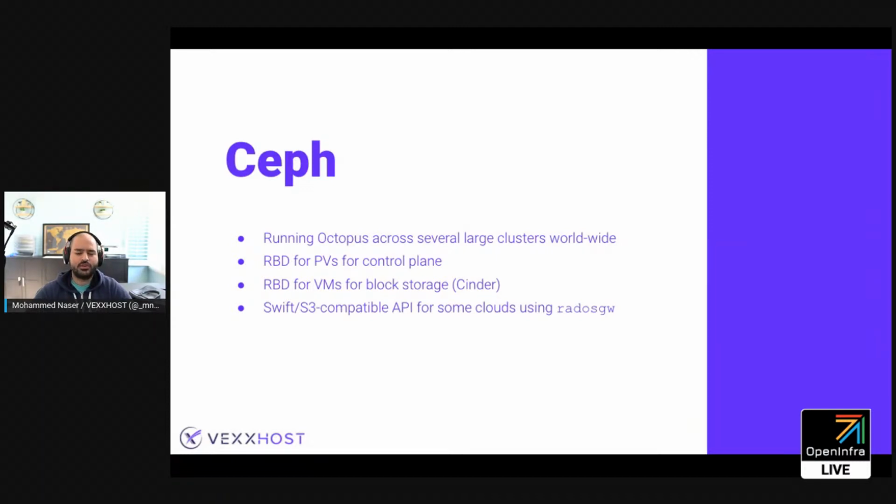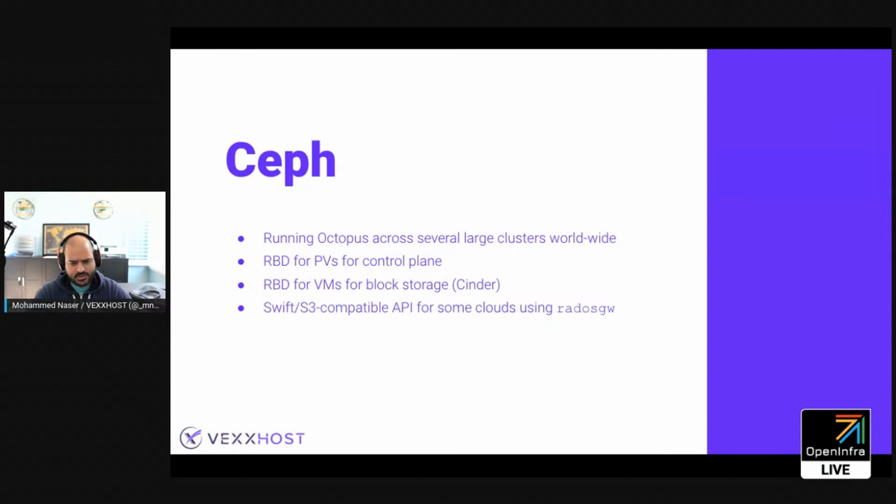We also use RBD for virtual machines and block storage. So obviously for Cinder, anytime you create a volume in our public clouds or any private clouds that we deploy for customers, it's actually a Ceph volume underlying there.